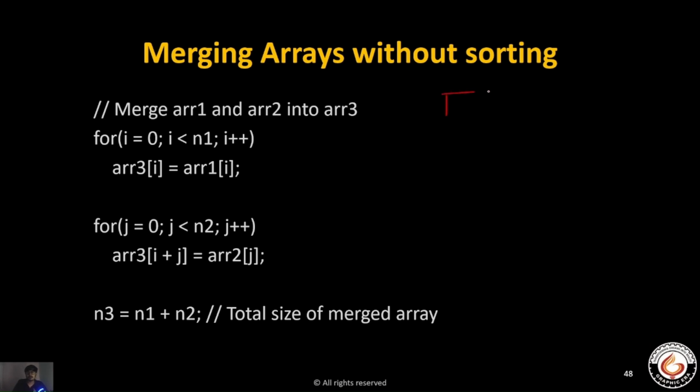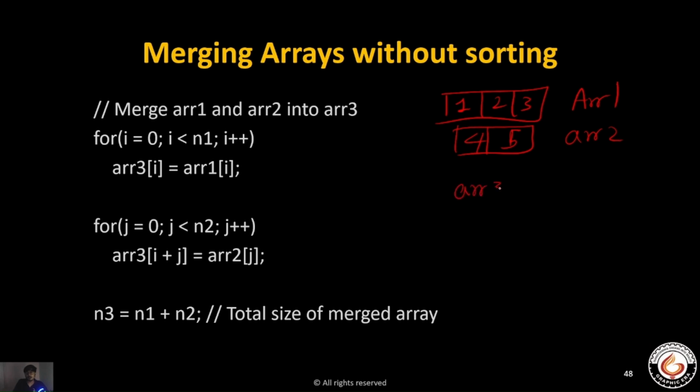We are taking example 1 2 3. This is our arr1, and we are taking another array, 4 and 5. That is arr2. And now we will make a new array arr3, which will have a size of arr1.size plus arr2.size.